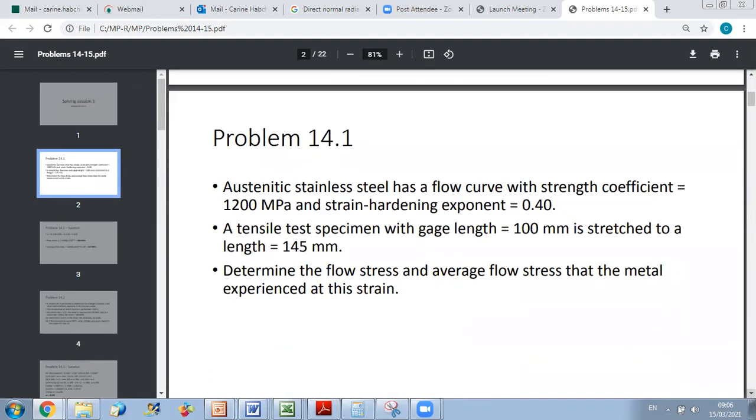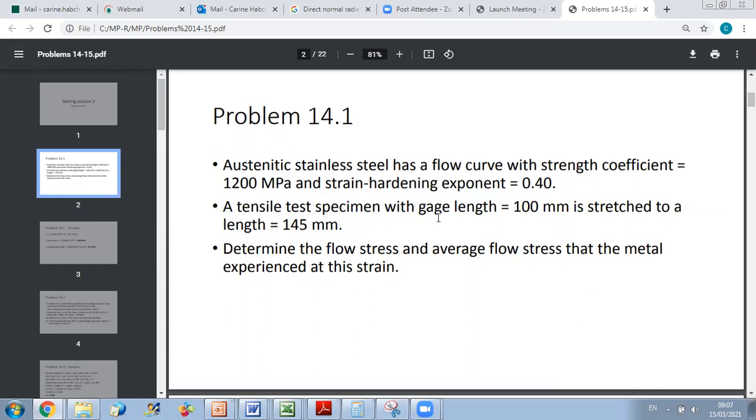So to start with, stainless steel has a flow curve with strength coefficient of 1200 megapascal and strain hardening exponent of 0.4. A tensile test specimen with gauge length 100 millimeter is stretched to a length of 145 millimeters. Determine the flow stress and average flow stress that the metal experiences at this strain.